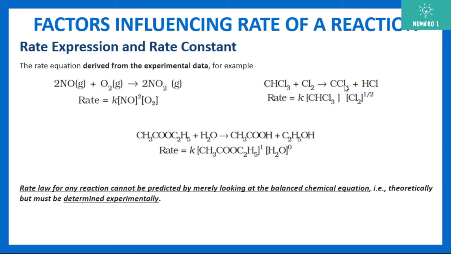In this equation, it is not exactly the same. CHCl3 is exactly the same, that is 1, but Cl2 is raised to half. So it is not the same. In this expression, it is only dependent on one component; the other component has zero effect, or let's say is not dependent.